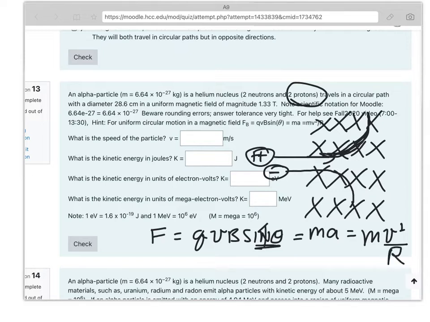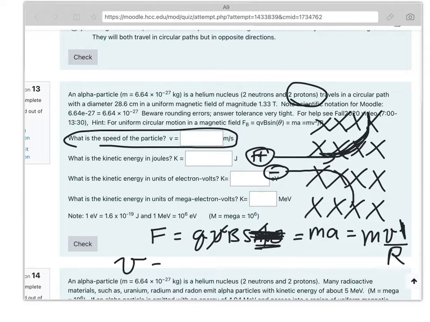So that's all what we learned last semester. So the sine of theta becomes 1. There's a v here, there's a v squared here, so it cancels one of those two v's. And so we're left with the equation QB equals mv over r, and it's the v we want, right? We're trying to calculate the speed of the particle here.